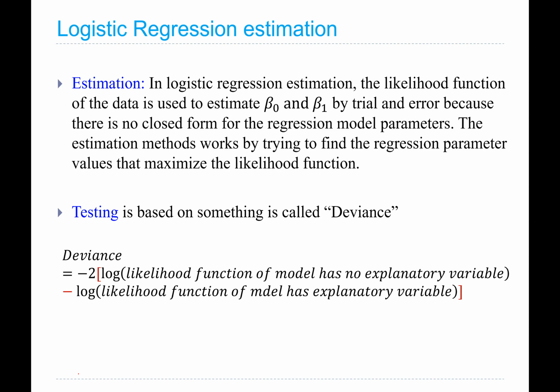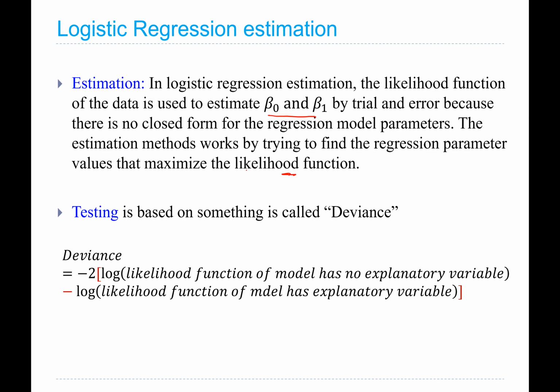But in logistic regression, there is no closed form for beta 0, beta 1. So we use maximum likelihood estimation. The function in R will try many different values for beta 0 and beta 1 and find the two values that maximize the likelihood function.